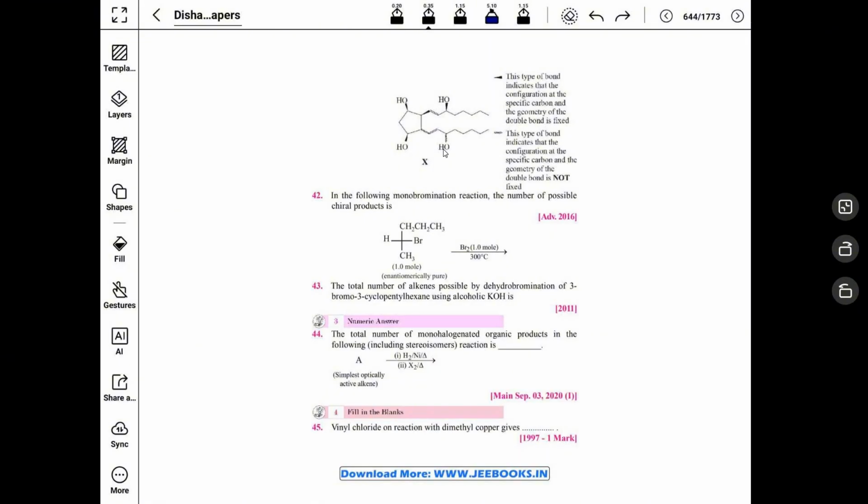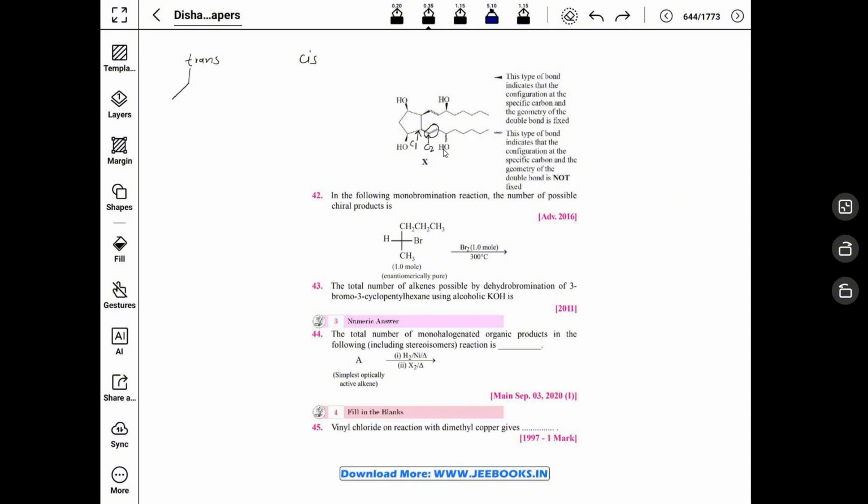If you see, at this double bond we can have two possibilities, one is trans and another is cis. In case of trans, let's label this carbon as C1 and this carbon as C2.